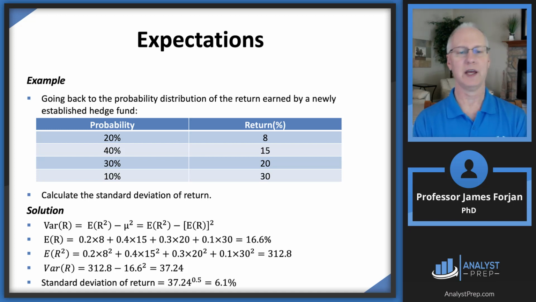To get the variance of this distribution, all we need to do is take 312.8 minus 16.6 squared, right? We've got the expected R squared minus mu squared. And that gives us 37.24. Take the square root of that and we get a standard deviation of 6.1%.